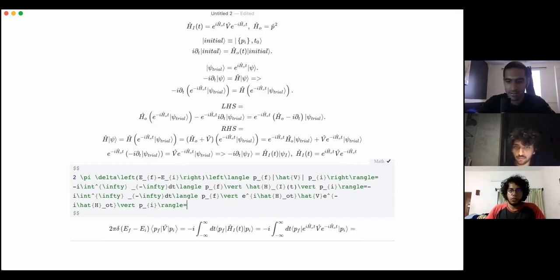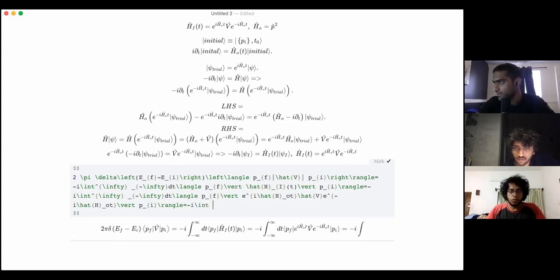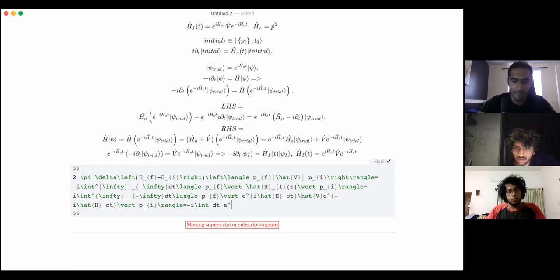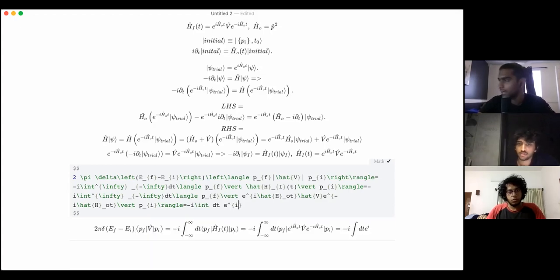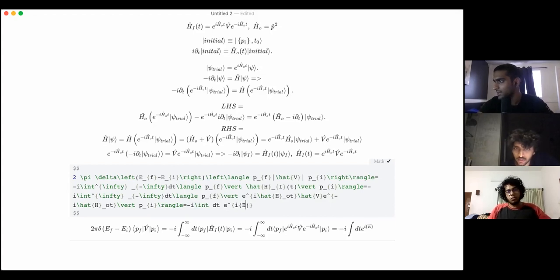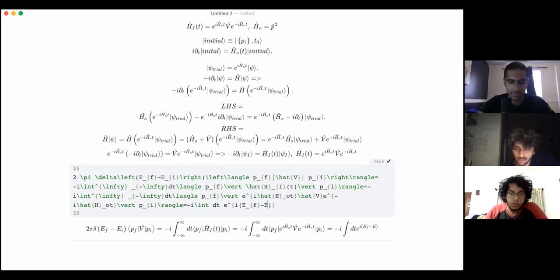Because it's minus i times the integral dt of e to the power i, which is what I said when it goes to one. It's like the Fourier transform of one. I don't know if there's a minus or a plus here. P_i comes with a minus, and P_f comes with a plus.